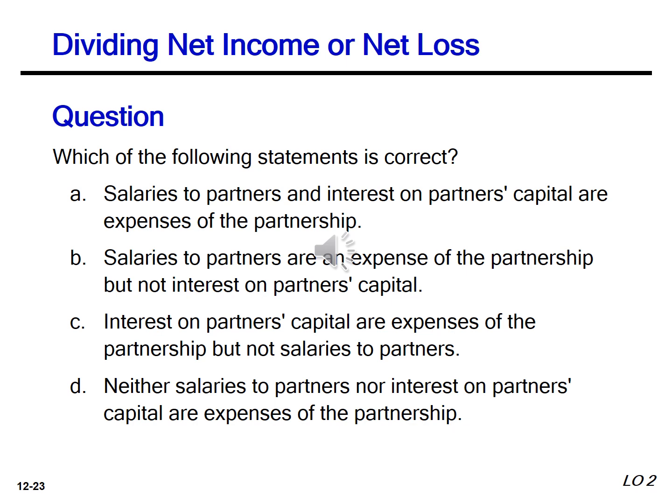Or finally, D. Neither salaries to partners nor interest on partners' capital are expenses of the partnership. And the correct statement out of these four is D. Neither salaries to partners nor interest on partners' capital are expenses of the partnership.